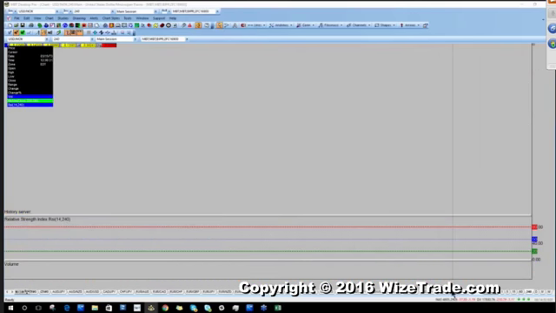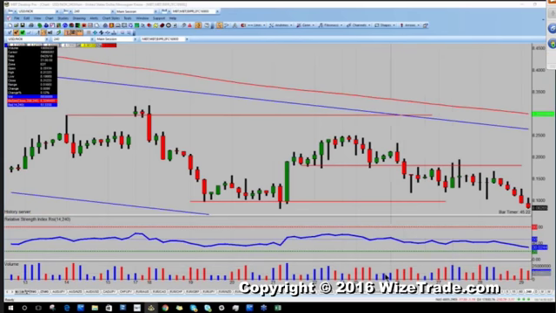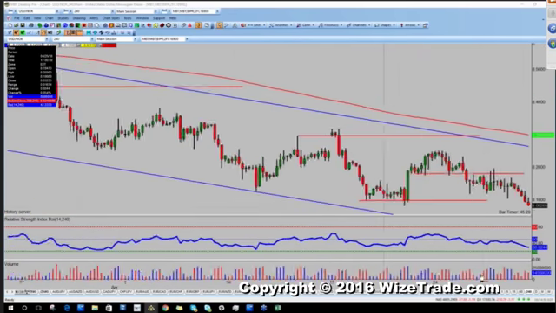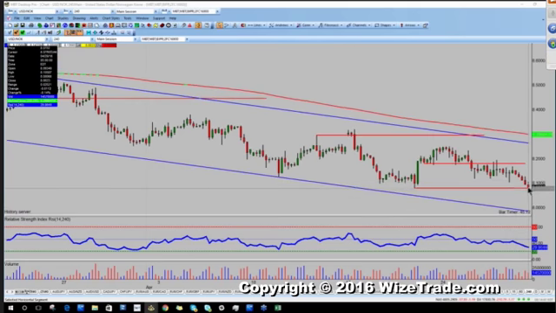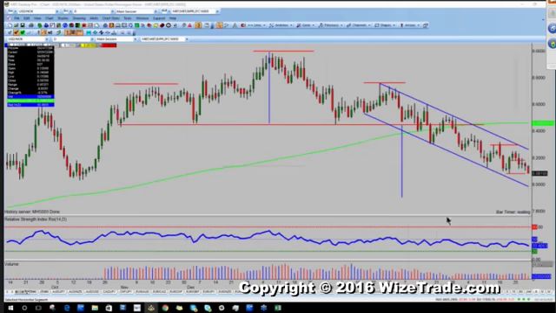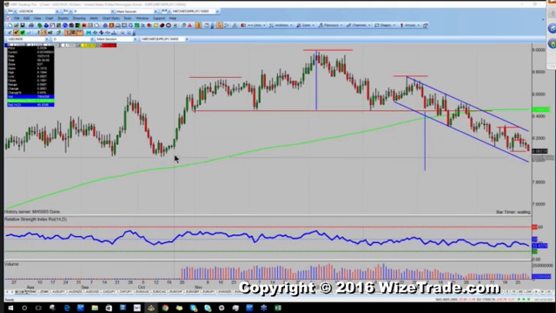Norwegian krona, thanks to unbelievably strong crude oil, we're at lows. We're 8.07, what's the low? 8.08. Below that is 8.03.